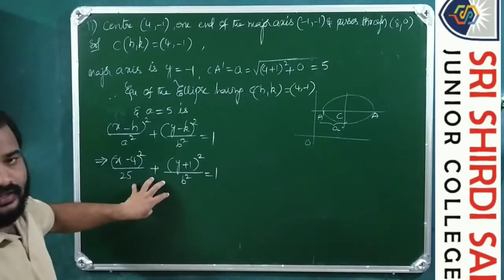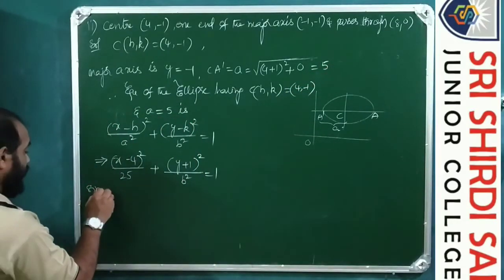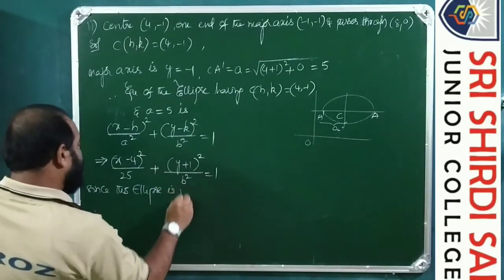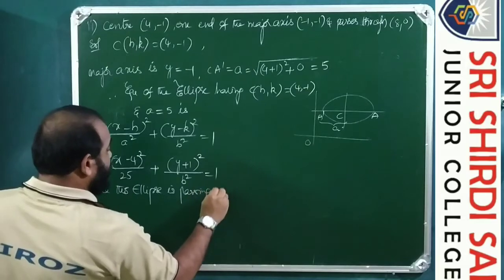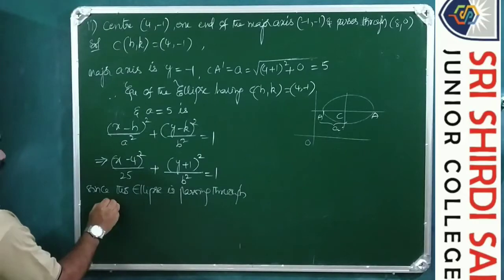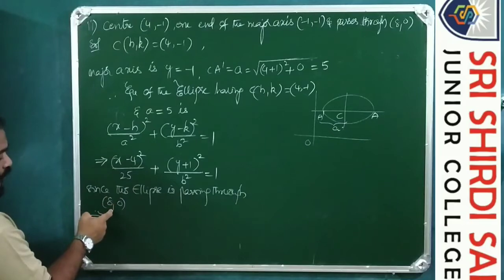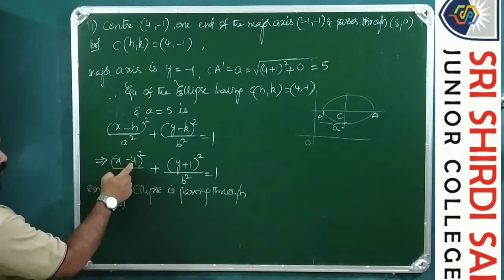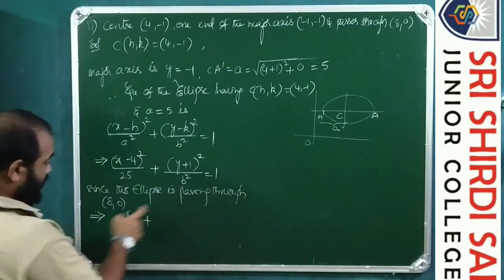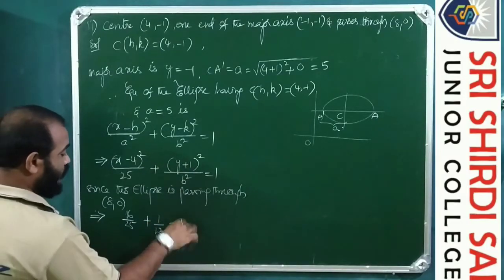So this is the ellipse, and this ellipse is passing through (8, 0). Since this ellipse is passing through (8, 0), in the place of x substitute 8: (8 minus 4) whole square, 16 by 25, plus the y value is 0, plus 1 whole square is 1, by b square equals 1.